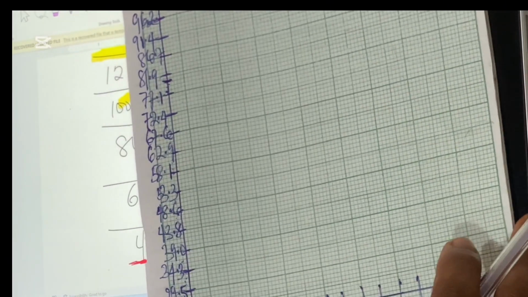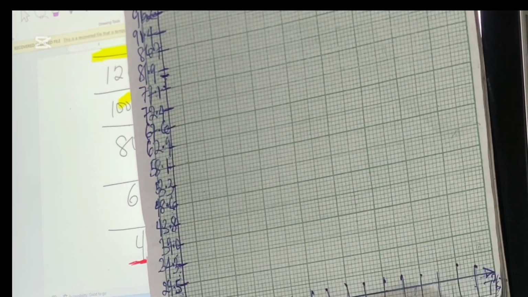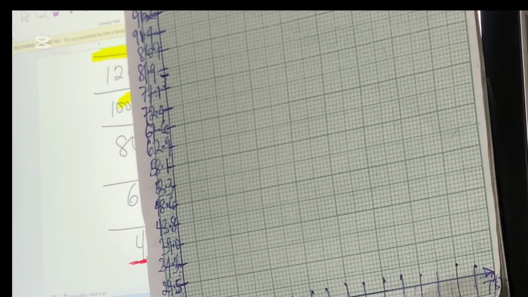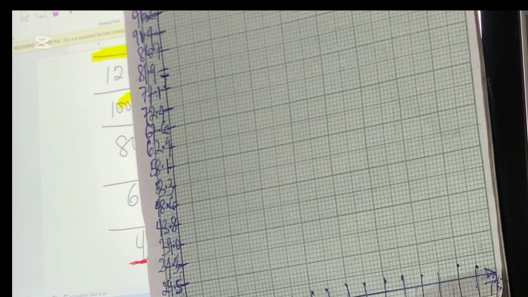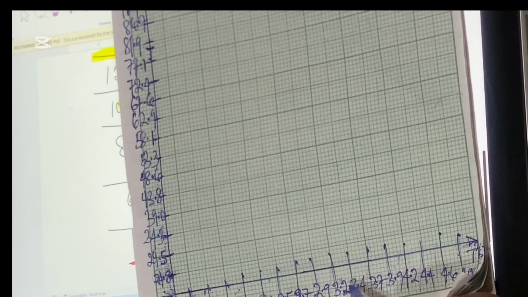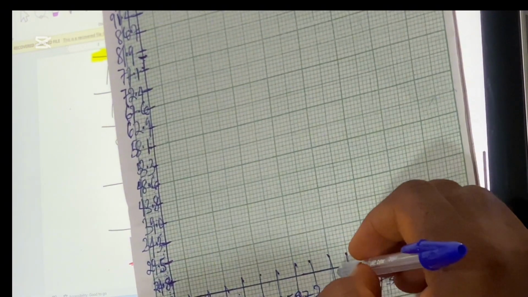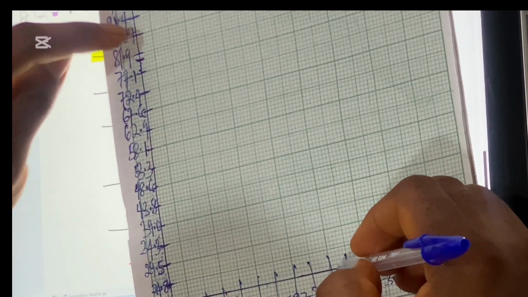Okay, now we can take the one bar. Now 0.06 plus this 3.2 will give us 3.26. So we can take only this bar here, connect it with this one here.